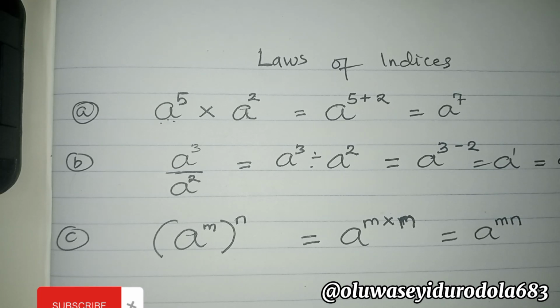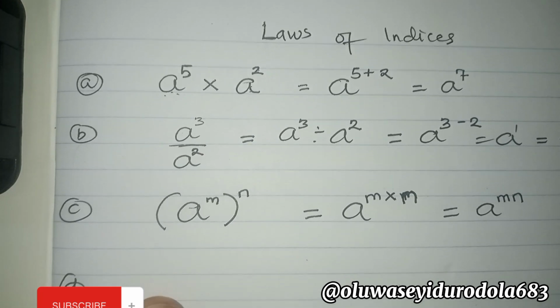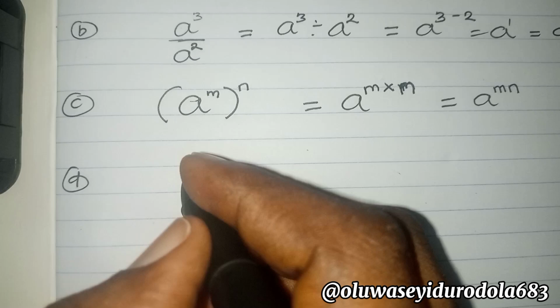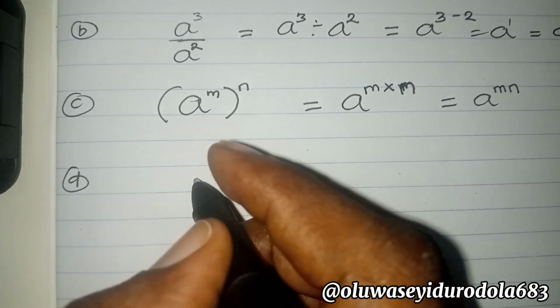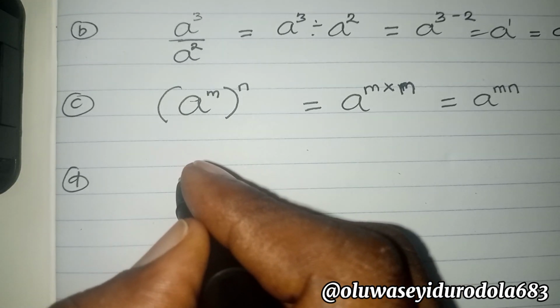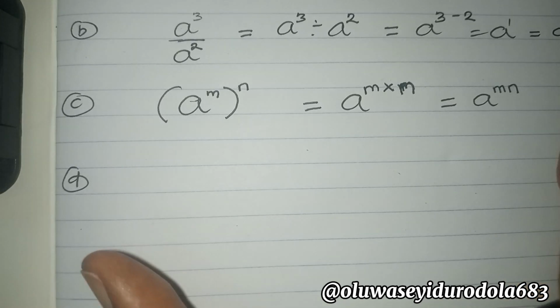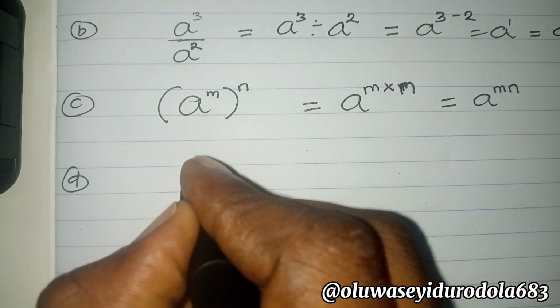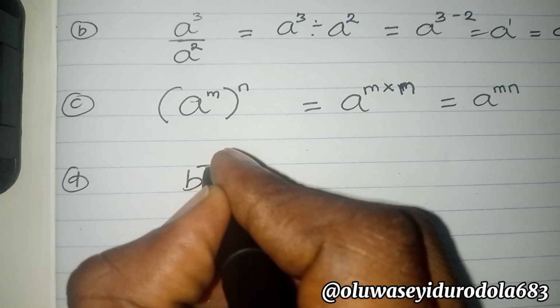We also have another rule, which is the rule of negative power. Now I'm using a for the purpose of this class. It can be any letter. Let me use b this time around. Let's say you have b raised to the power minus m.